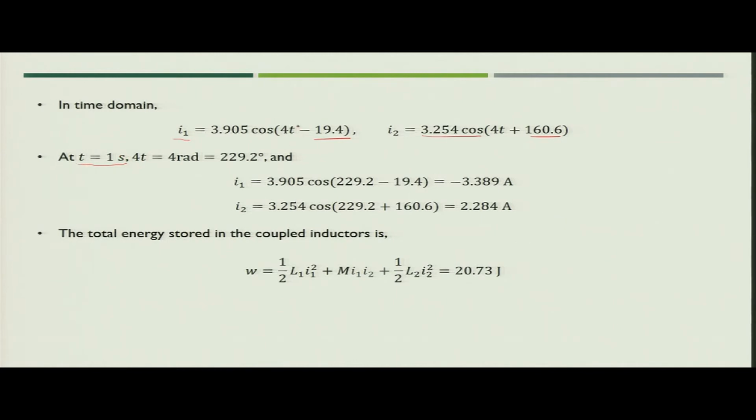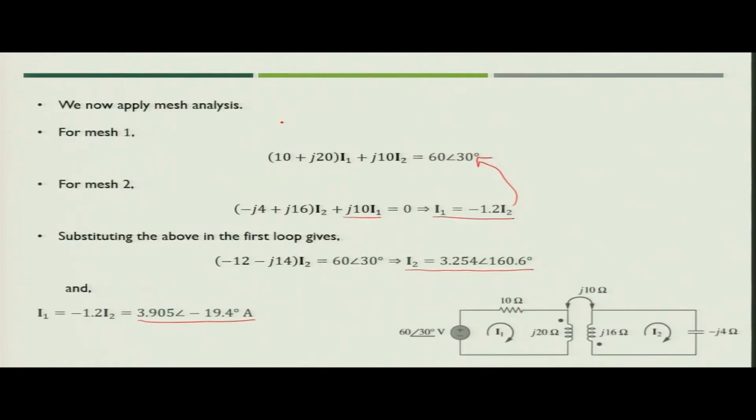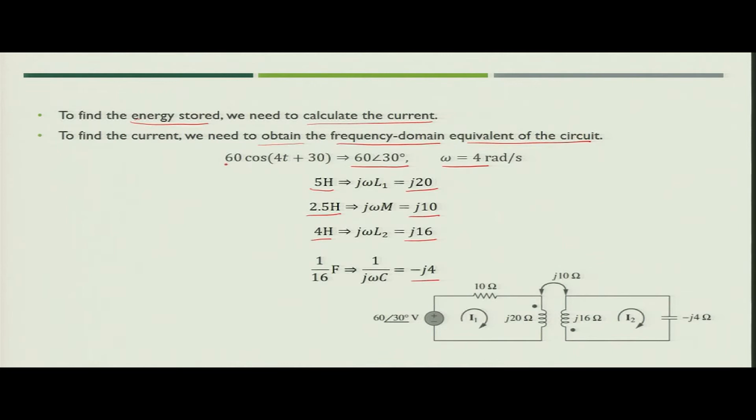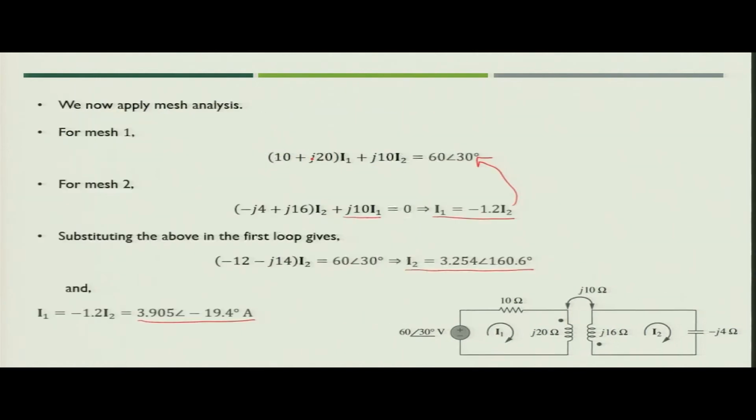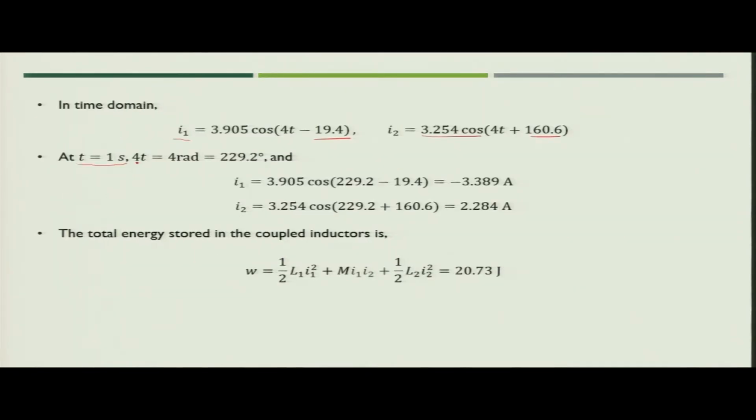So, in the voltage, if you see the voltage value, it is 60 cos 4t plus 30. So, that means that the value 4t will be the omega t value in the expression. So, in that you just put the value of t as 1.